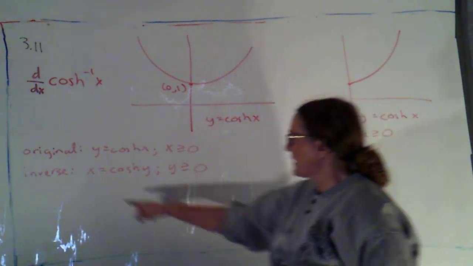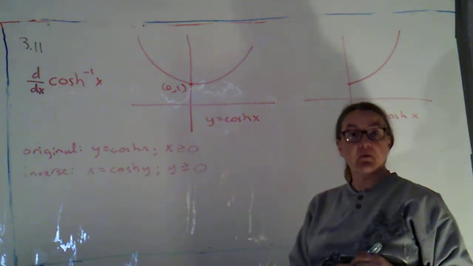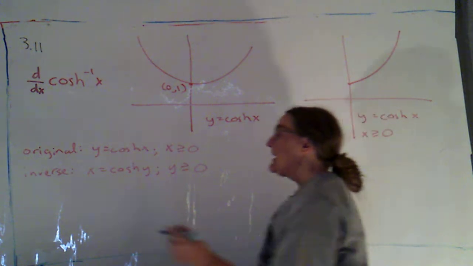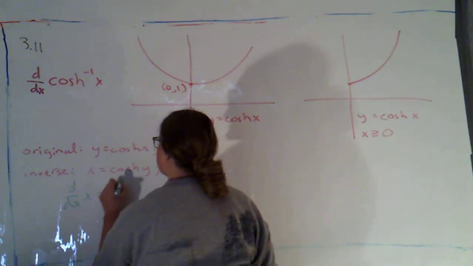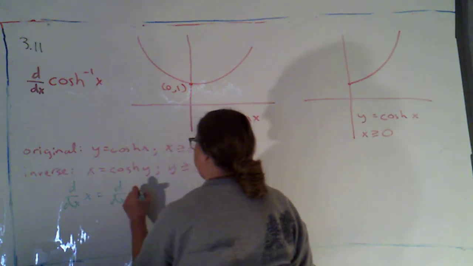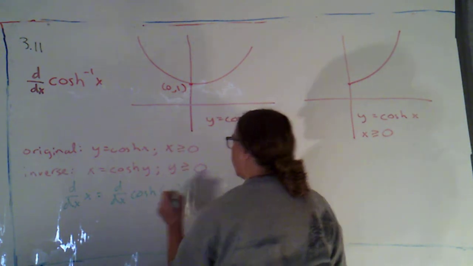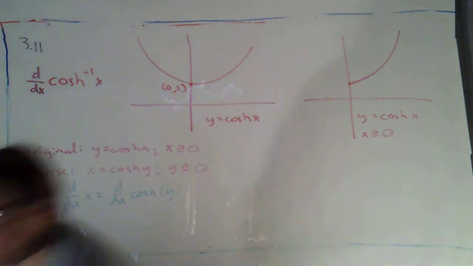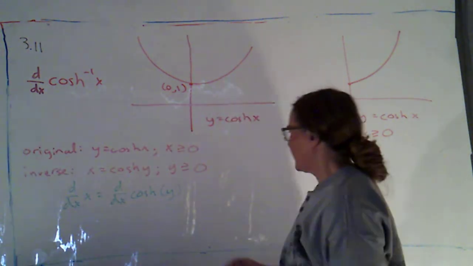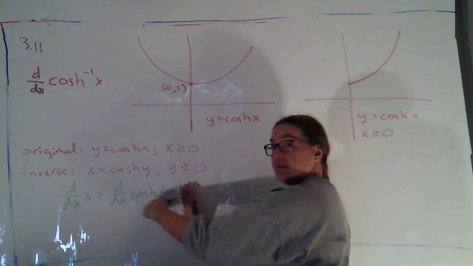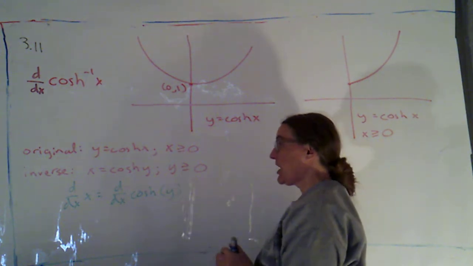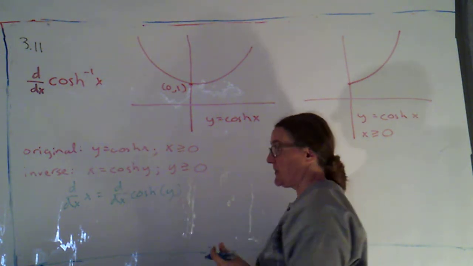As always with inverse functions, we simply switch the roles of x and y. And now I'm just going to take the derivative with respect to x of both sides. When I do that, I'm viewing y as a function of x, so this is a function composition, and we'll be using the chain rule and implicit differentiation there.